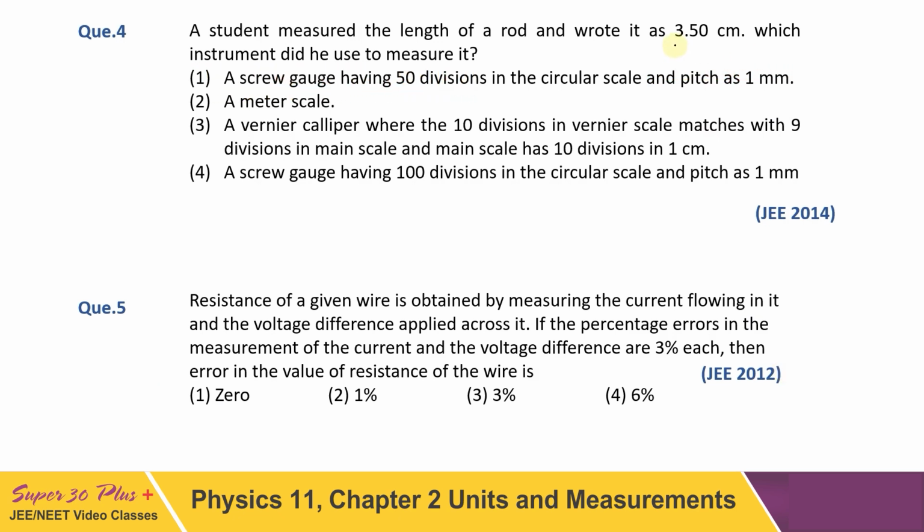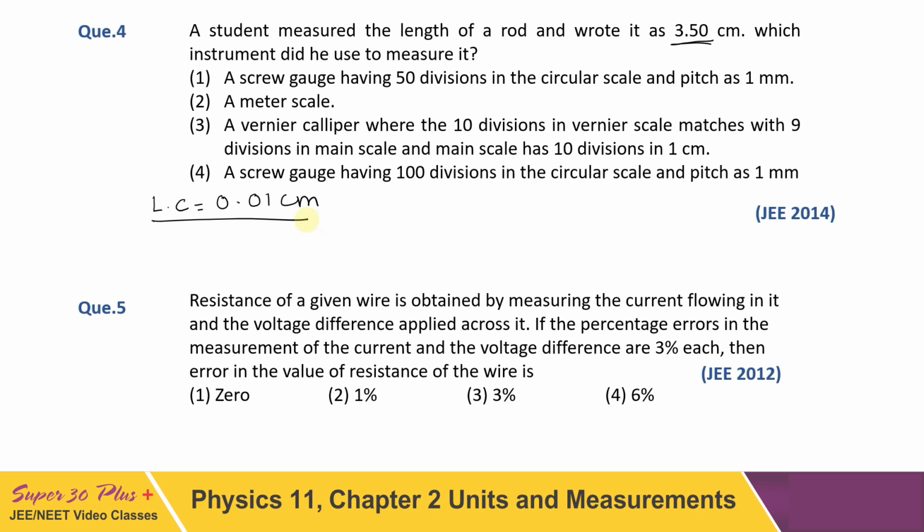Here you can see the measured length is 3.50. After the decimal, 2 digits are there. So it must have been measured with an instrument for which least count is 0.01 centimeter. Now so many instruments are given in different options, so we have to check in which instrument least count has the value 0.01 centimeter.